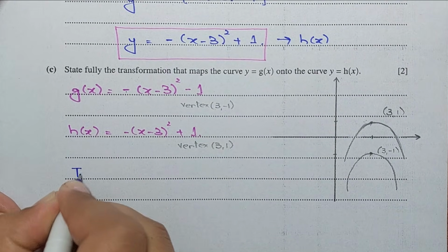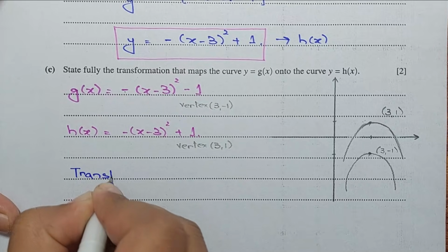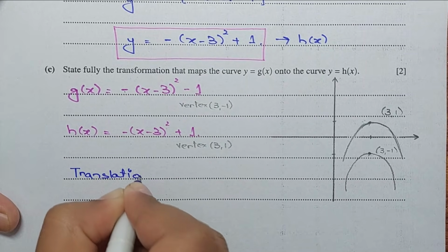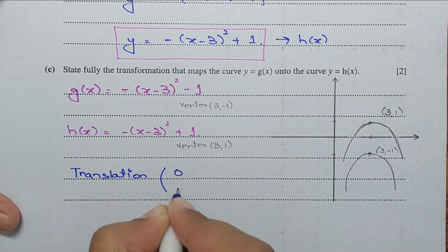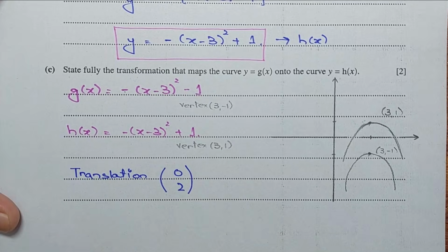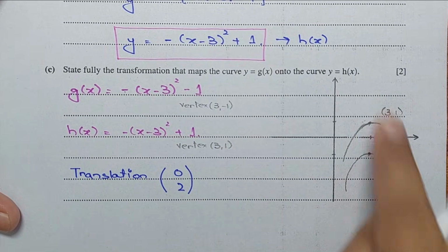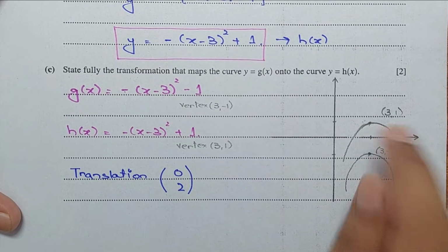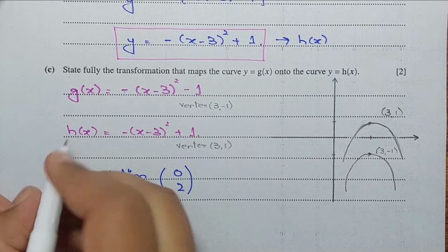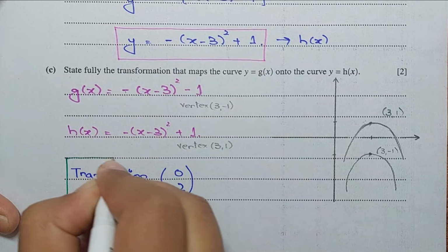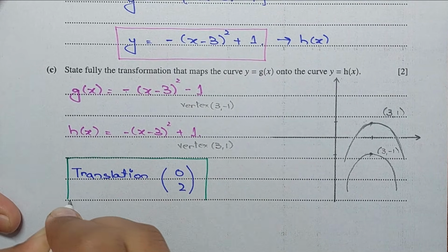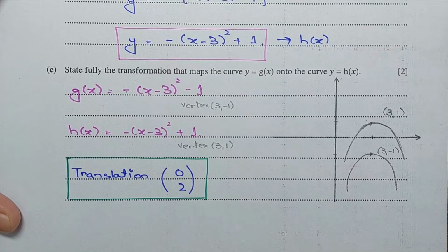So the transformation is a translation. There is no horizontal translation. The vertical translation is 2 units up. So when you translate 2 units up, g of x maps onto h of x. So this is the transformation which maps g of x to h of x. I hope this is clear now.